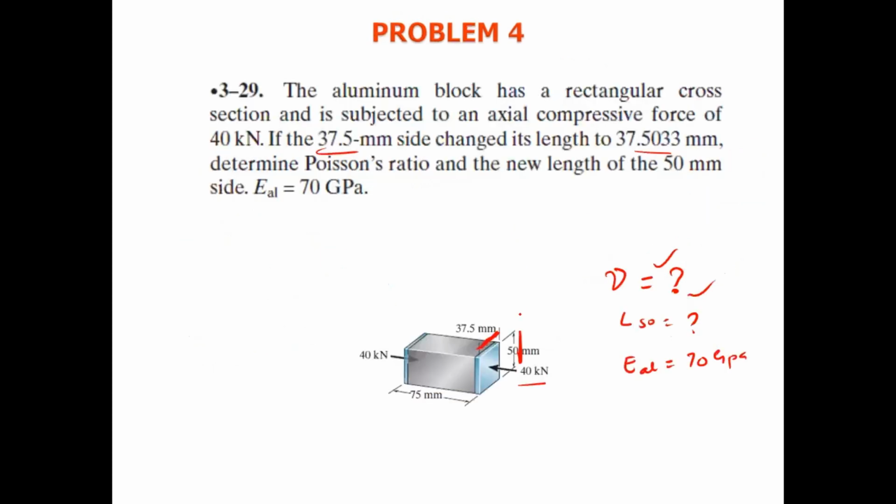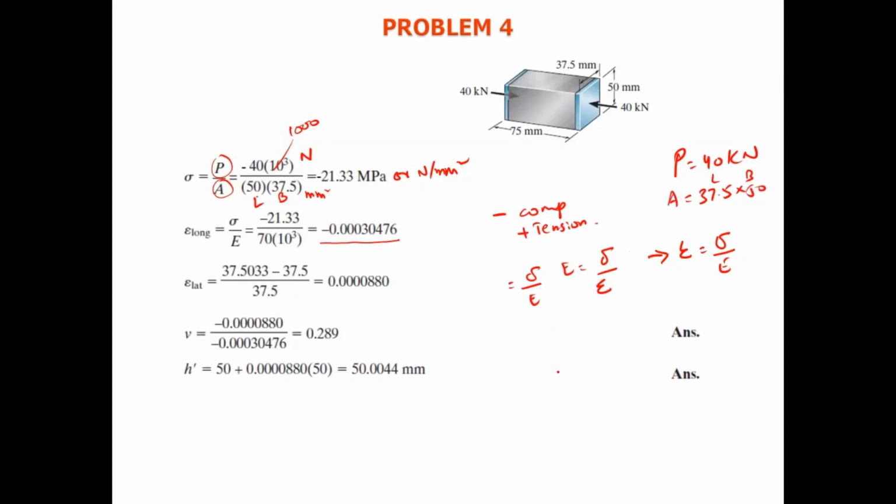It is given here. So our formula will be final length minus initial length divided by initial length. It will give you the lateral strain. Here you put the formula and we got the lateral strain.